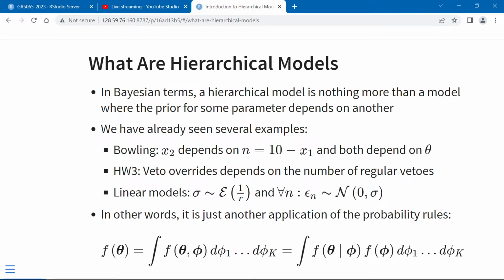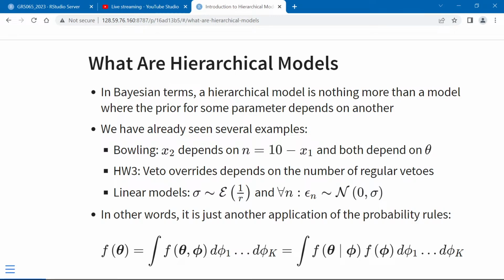So that is another example of hierarchical structure, but that's really just using the multiplication rule: the joint distribution of some collection of variables can be written as the marginal distribution of some subset of those variables times the conditional distribution given the complement set.